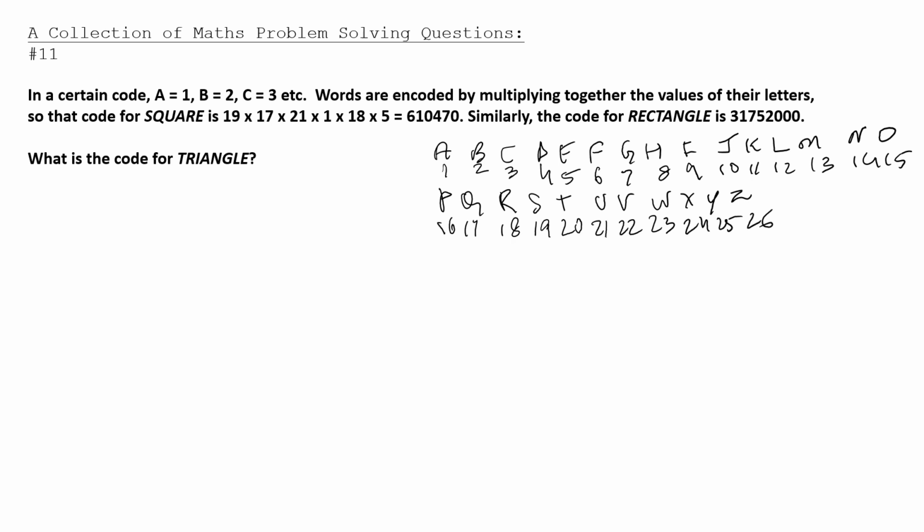Right, so now you can see that the code for square is this.